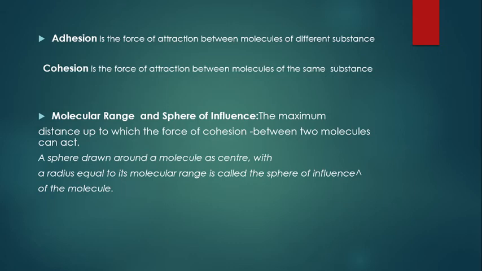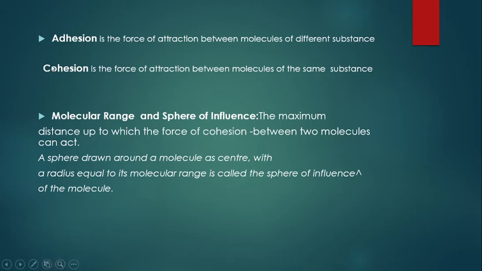So cohesion is the force of attraction between molecules of the same body, and the definite shape and rigidity of a solid body is due to cohesion, and it is strongest in solids. Cohesion is an attraction between the molecules of the same substance.